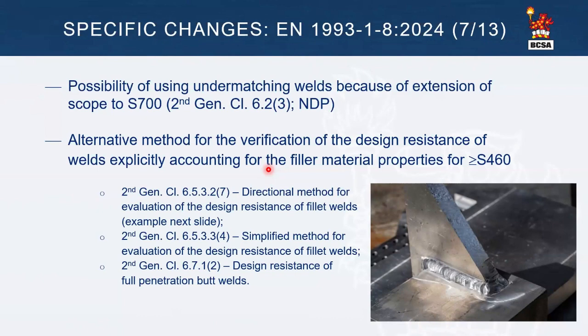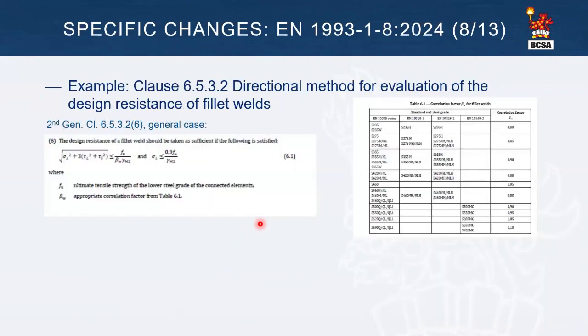There are alternative methods that specifically account for the filler metal properties in the case of higher strength steels, and these formulae are given as alternative expressions for evaluation of the design resistance of fillet welds for the two optional methods, and also for full penetration butt welds. So in the next slide, I'll show the two possibilities for the design of a fillet weld.